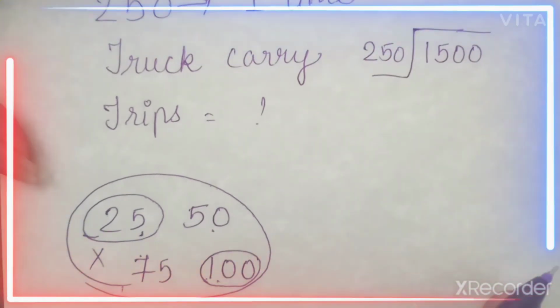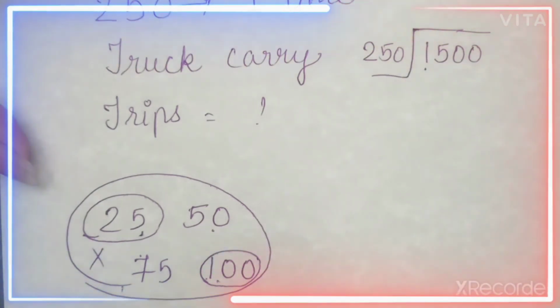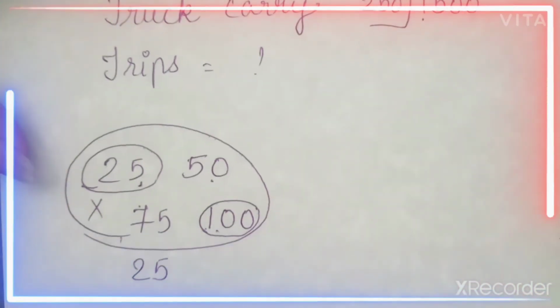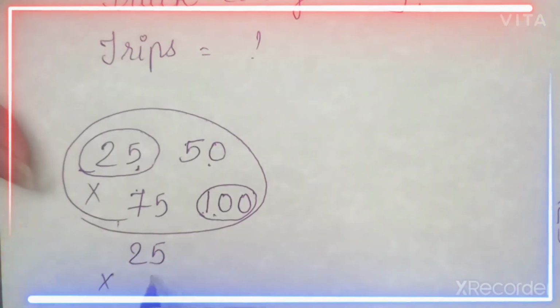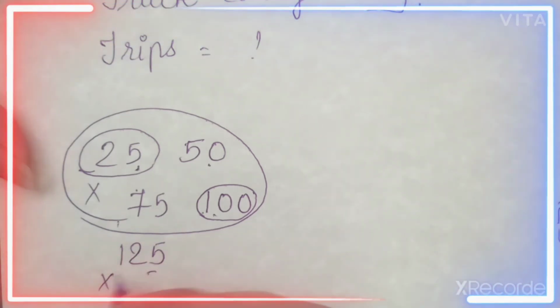So we want to get this number, 150. What do we have to do? 25 into 5. 25 into 5 will be 125.